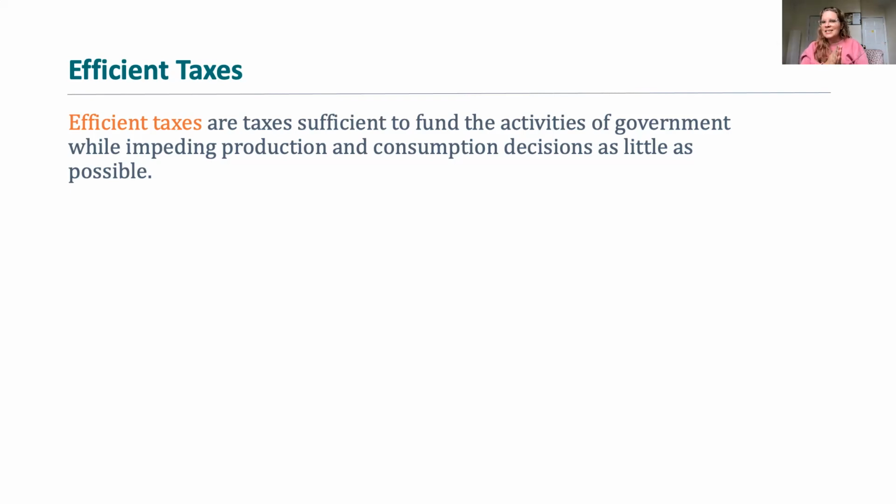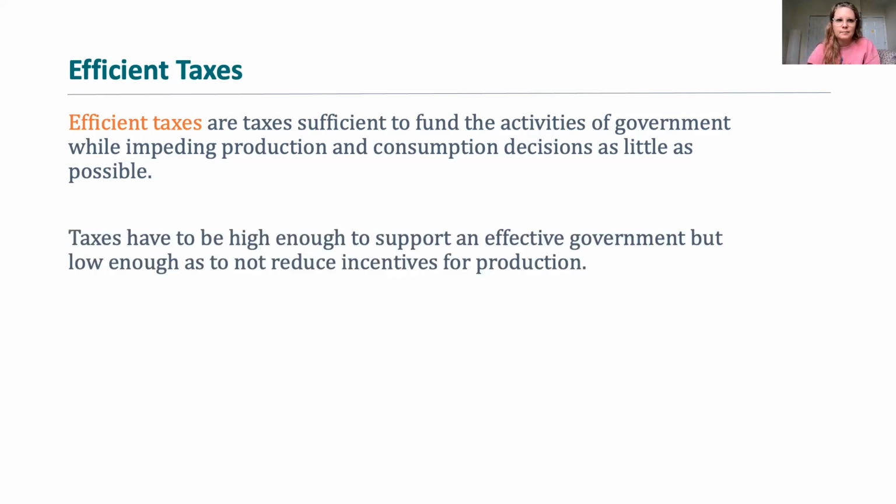And so if we tax income, we're essentially taxing output, which is GDP. So we just have to be really careful about the level of those taxes and how much we're impeding the production and consumption decisions that go along with those transactions when a tax is present. They have to be high enough to support government providing public services, but low enough not to reduce the incentive to produce.